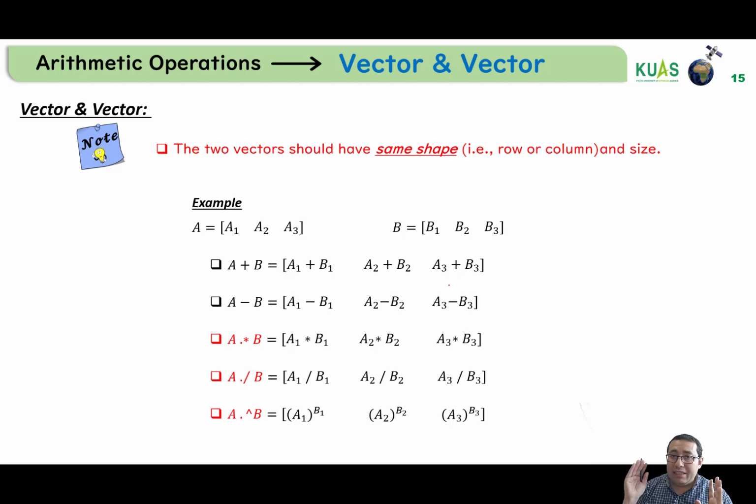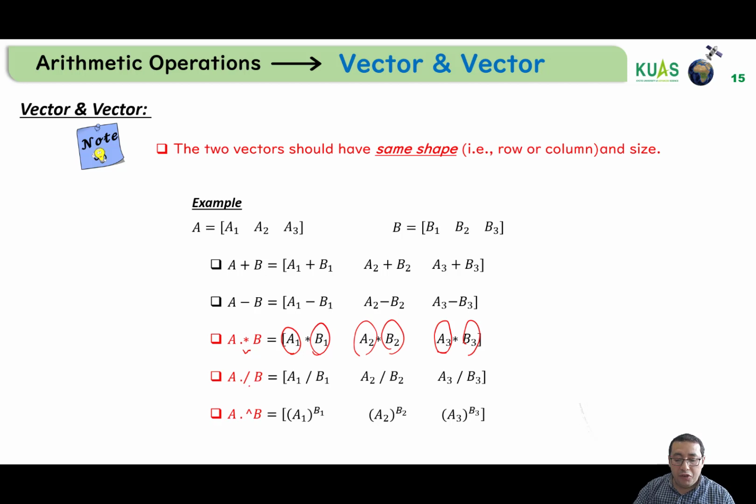For multiplication, it's exactly the same, but we should put the dot here because we need to do the multiplication element wise. If we don't use the dot, it will give an output in some cases, but it will have a different meaning. You will learn that, for example, in the mathematics class from the next semester. If we say A dot multiplied to B, it will be A1 multiplied to B1, the first element multiplied to the first element, A2 multiplied to B2, A3 multiplied to B3.